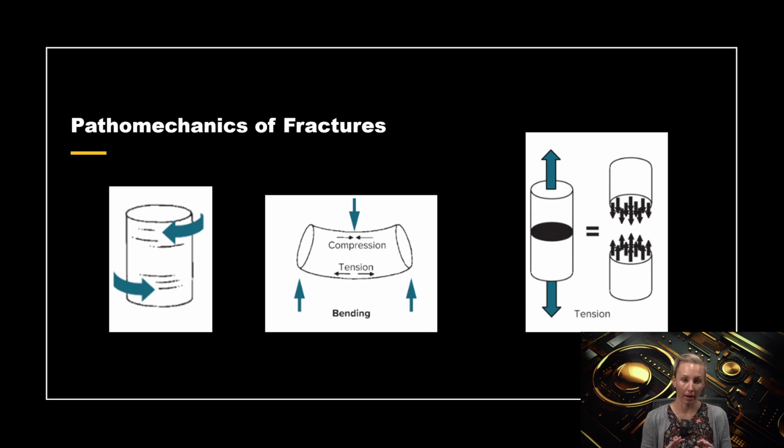When we think about pathomechanics of fractures, this is where we talk about what mechanisms typically lead to what fracture patterns and the differences between child and adult. What you really need to understand here is that for a child, a bending or a torsion injury, where it's like bending or twisting, is typically going to result in a green stick fracture.